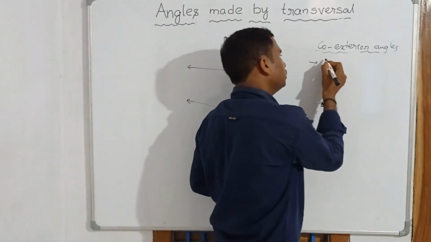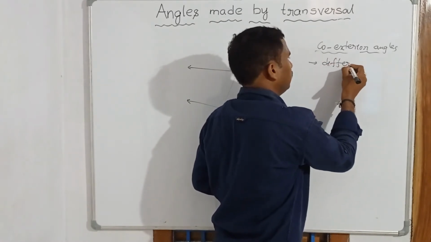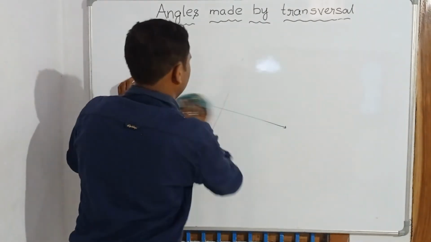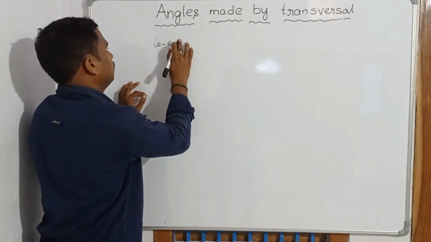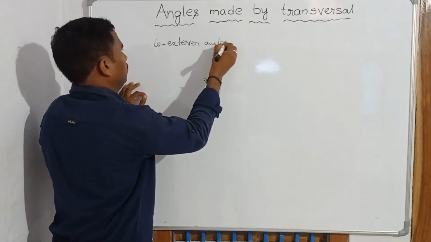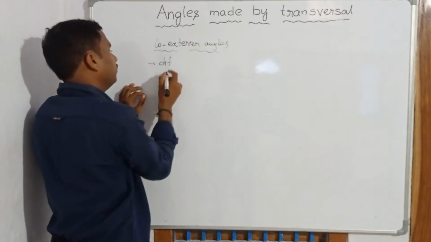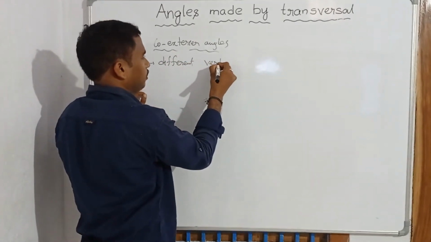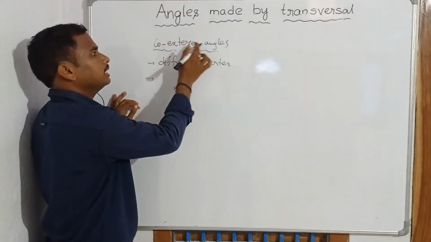Co-exterior angles are also different vertex. Now co-exterior angles. What is the first one? Different vertex. Second one, two angles are exterior.